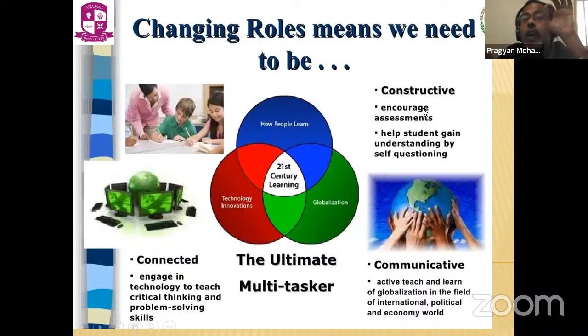Second, there is a constructive approach. What does it indicate? It indicates the assessment. I have already told you the evaluation will be there at the very end of the class by the teacher through different smaller projects. But that evaluation is not the complete evaluation. There must be a self-assessment technique.